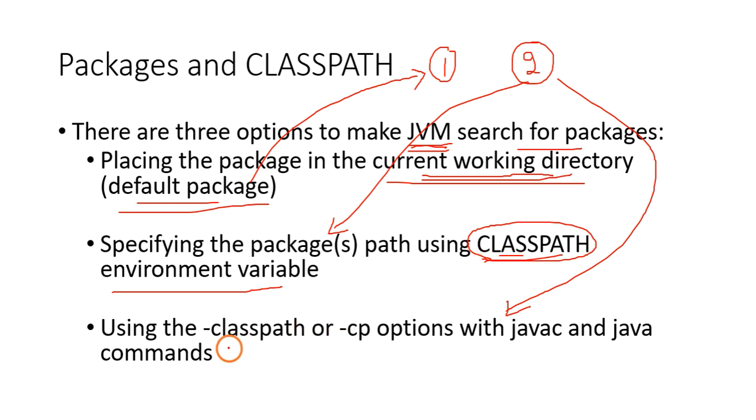Another way is when you are using the javac command or java command, you also specify an option called classpath, so -classpath, or you can use the shortcut -cp. These are the two ways to tell the JVM where the packages are stored when you are storing them outside the current working directory. Don't get confused, just note these things down and you can come back to this later when I am showing you the example.